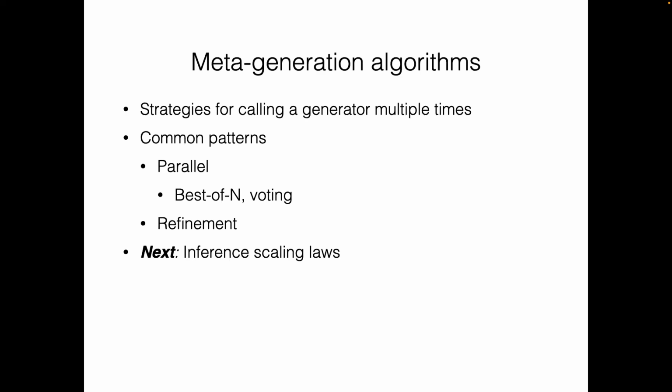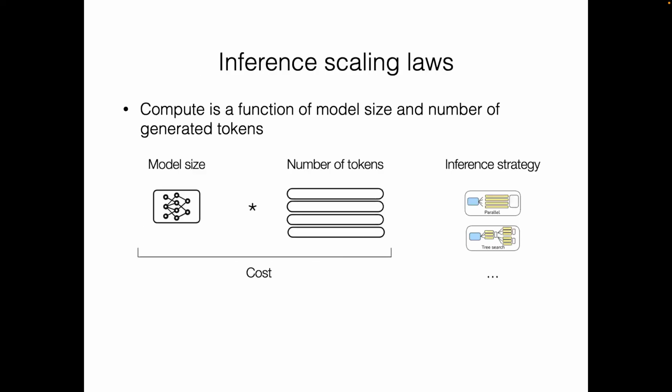Okay, so even with removing the other sections, we'll probably run out of time. But let me briefly talk about this idea of inference scaling laws. At the beginning, I mentioned this idea that you could either decide to have a large model and generate more, or have a smaller model and generate less.